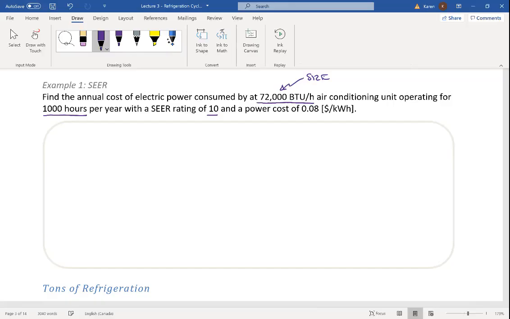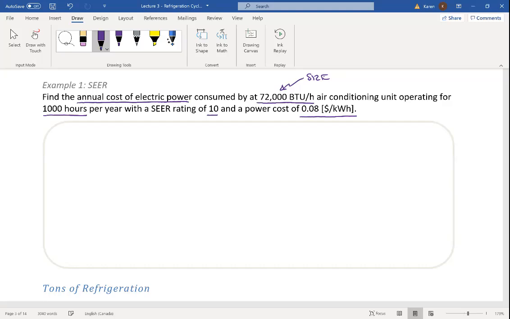Normally, SEER and EER are ratings that are used in industry, and they're not really a technical engineering term, and they're not even usually expressed with any units at all when you're referring to them. And here's the power cost, dollars per kilowatt hour. And I'm asking for the annual cost of electric power from this unit.